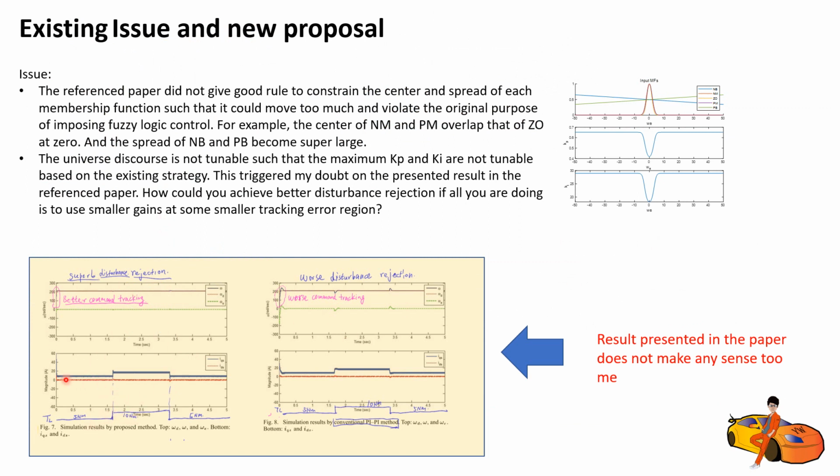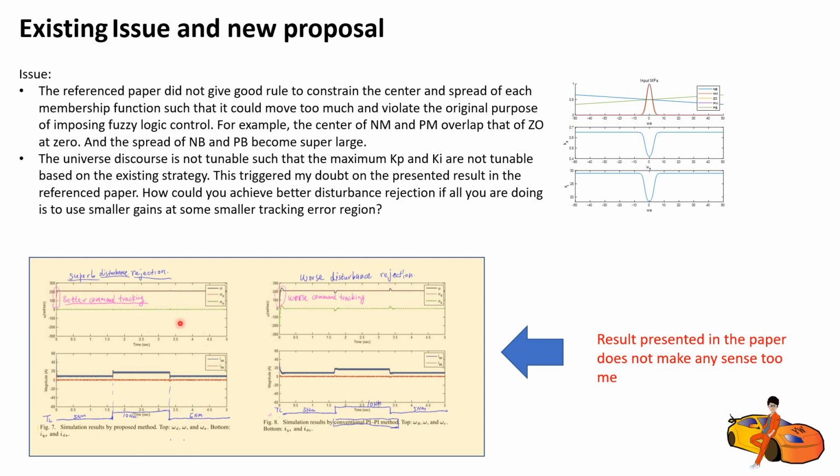Basically, from this plot, you can see that this one is the proposed GA tuned result, and this one is the conventional one using fixed KP KI, and he is doing a step load from 5 Newton meters to 10 Newton meters and back to 5 Newton meters here.